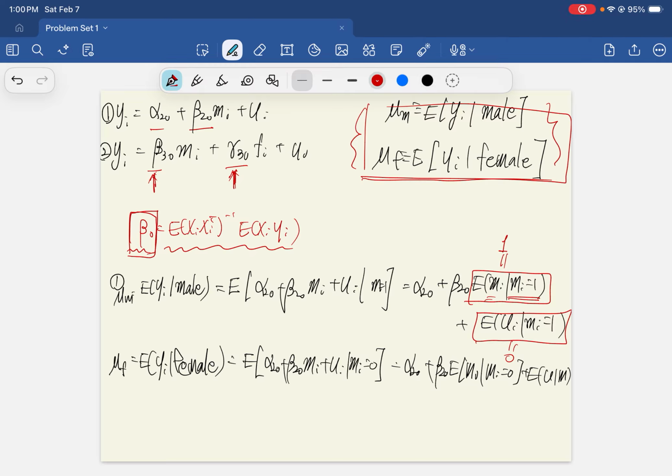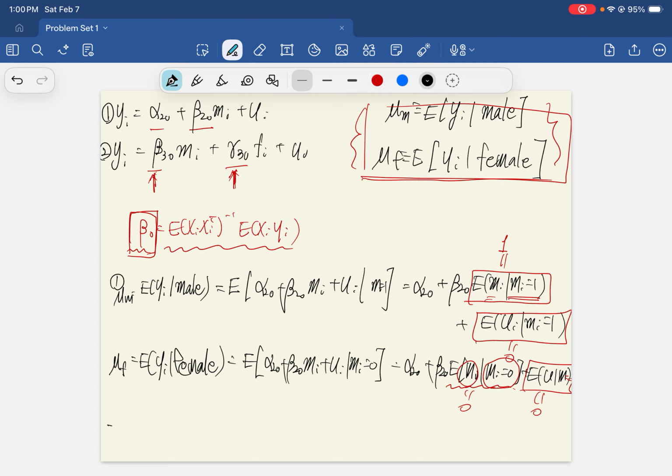Of course I simplified; you have to write 0 here. Anyhow, the last term should be 0 by the exogeneity assumption, and this term is 0 because when you condition on m equals 0, m is always 0, so you don't need to think much about that.